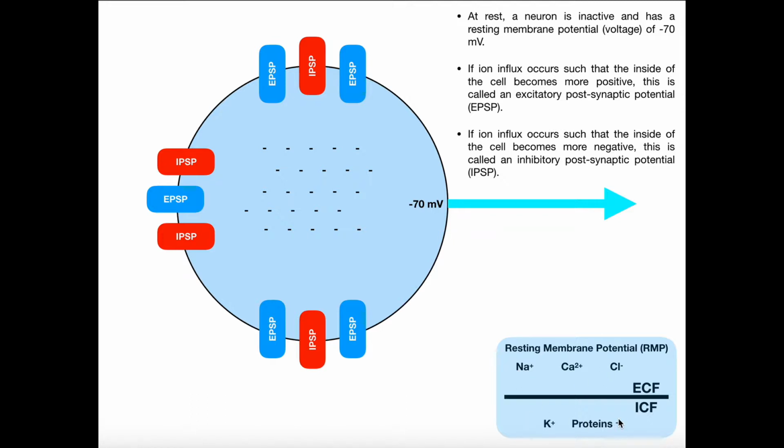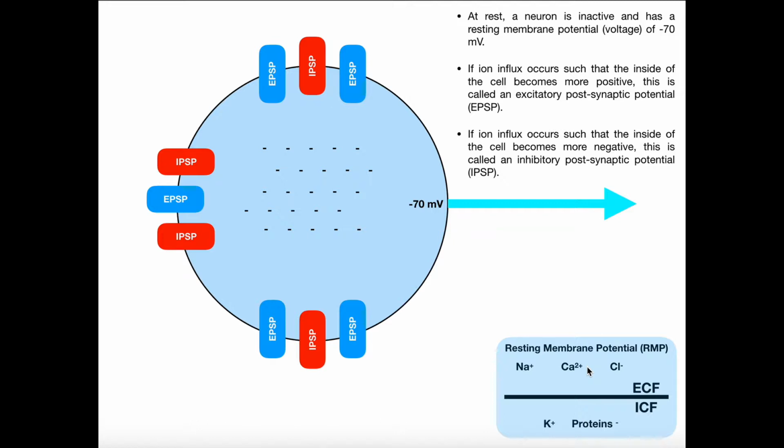So at rest, the inside of the cell is negative, and that's very important to understand. When we measure the resting membrane potential, which is really just a voltage, in physics, a potential is a voltage, it is negative 70 millivolts. Millivolts are the units of voltage, and notice that this number is negative, which means that the inside of the cell is negative, and that by default means the outside is positive.